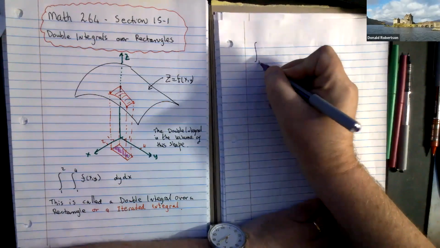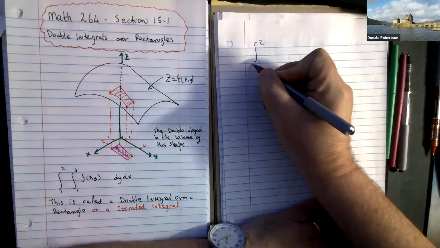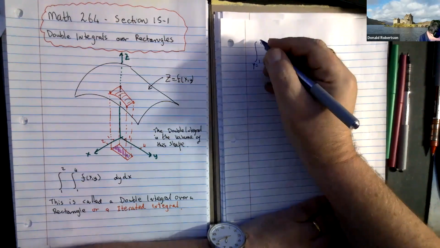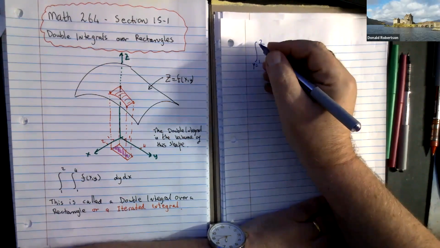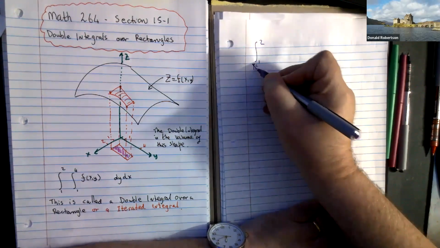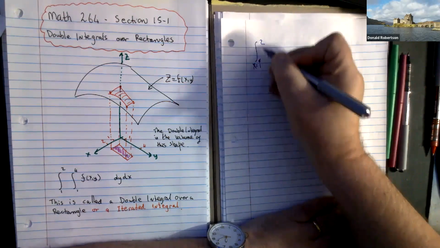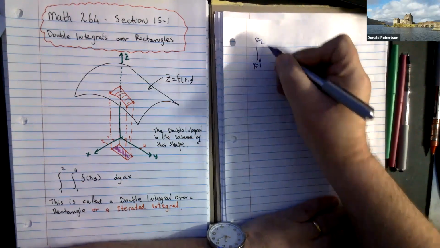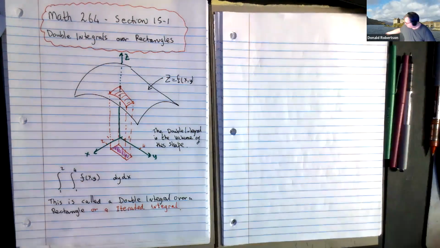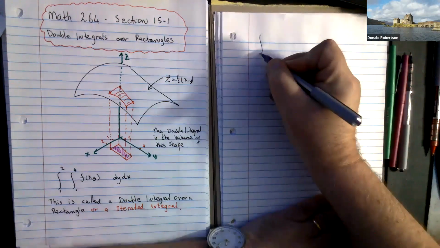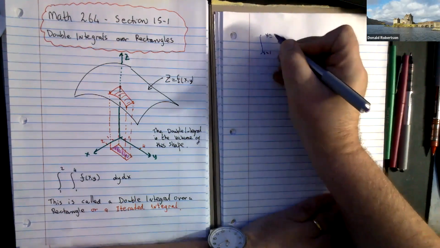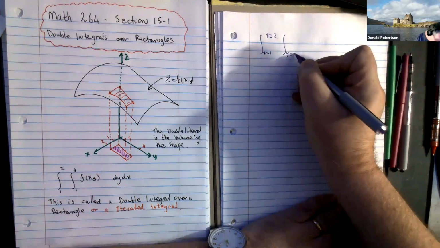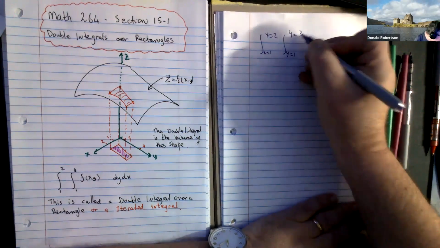So it's going to be the integral from 1 to 2, which is the y's. Was it y's or the x's? X's. So it's from x equals 1 to x equals 2. Let's try that again. From x equals 1 to x equals 2, and from y equals 1 to y equals 3.